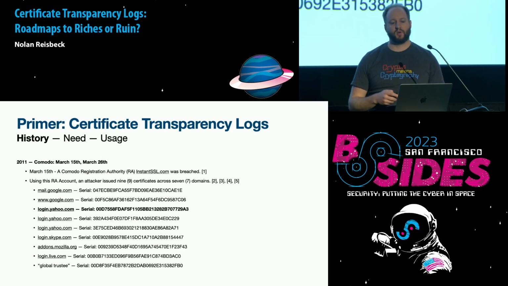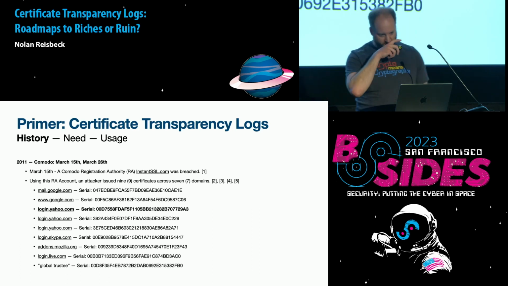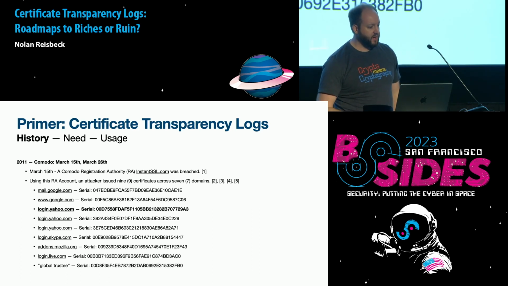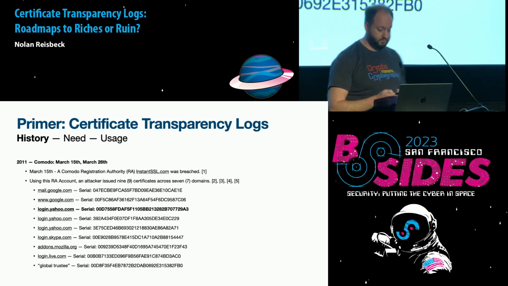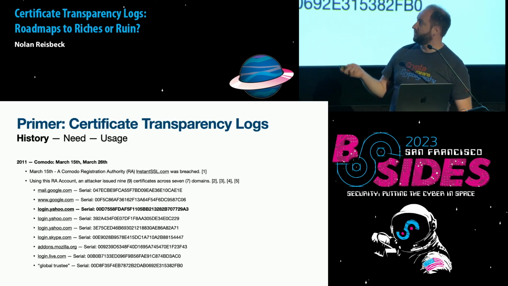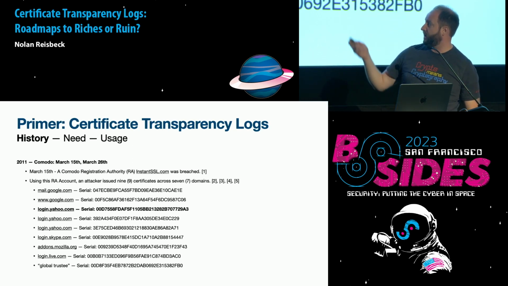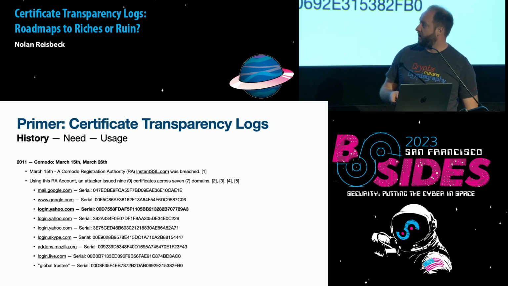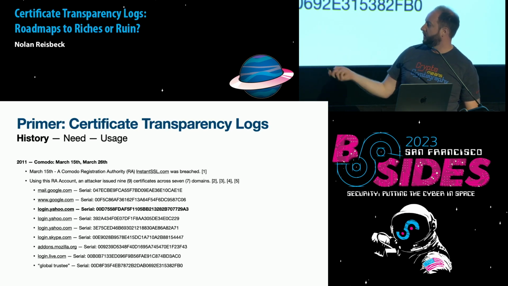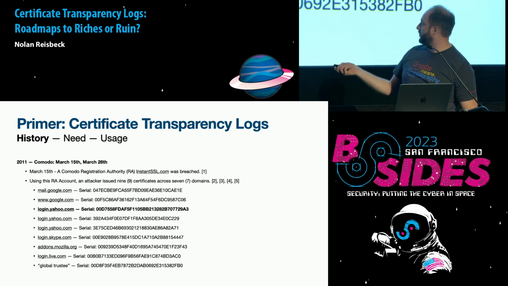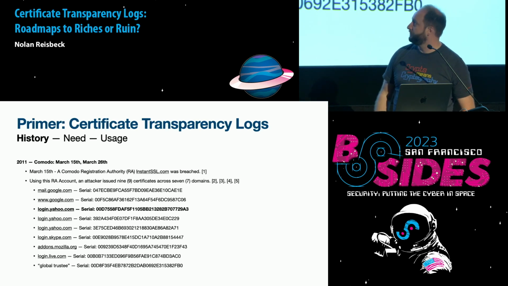And using this registration authority, at the time, an unknown person issued 9 certificates across 7 domains for some pretty big companies: Google, Yahoo, Skype, Mozilla, Microsoft, and then one final one down here, Global Trustee, with the serial.